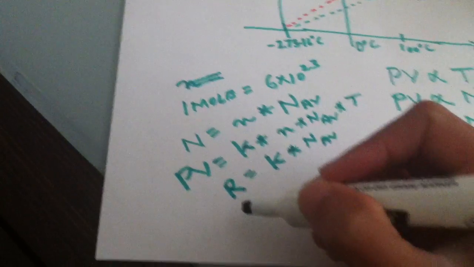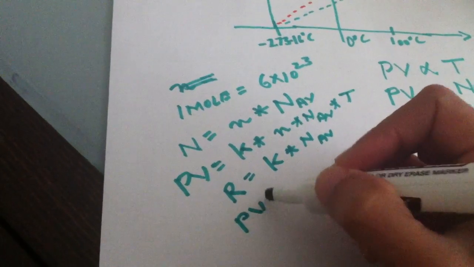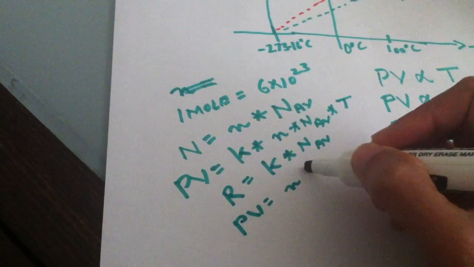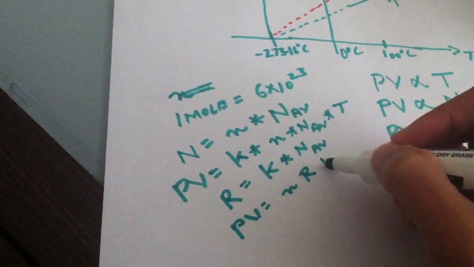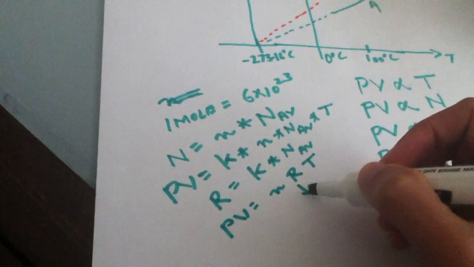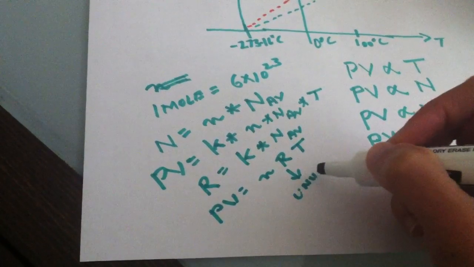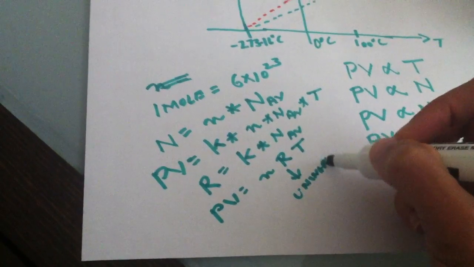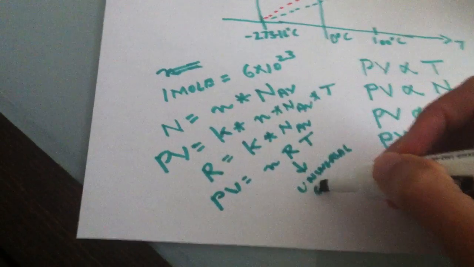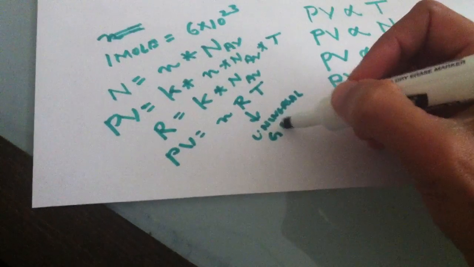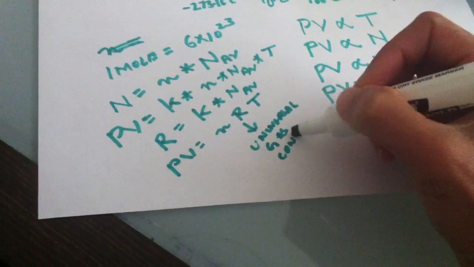After I do that, I can rewrite my expression and say PV is the number of moles times my constant R times temperature. This is the universal gas constant, and once again it's independent of what gas I'm using, and this equation is called the gas equation.